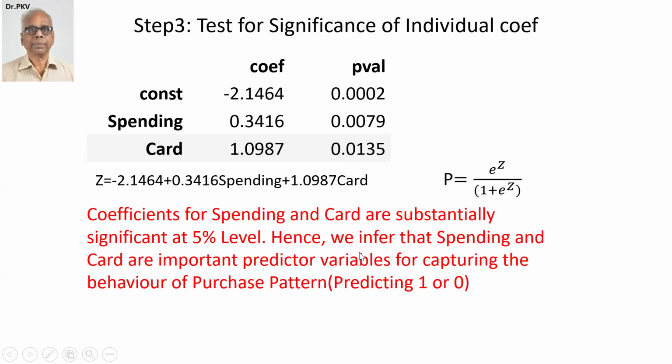Hence, we infer that spending and card are important predictor variables for capturing the behavior of purchase pattern, predicting 1 or 0 in terms of the purchase behavior. In other words, whether a customer will buy or not is definitely going to be impacted by spending and card.